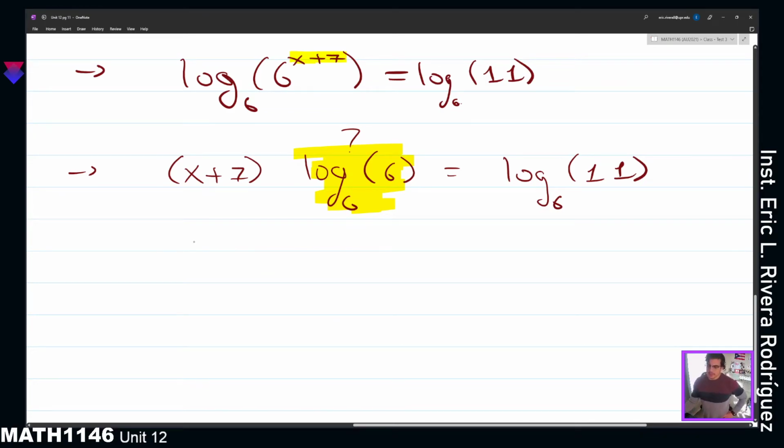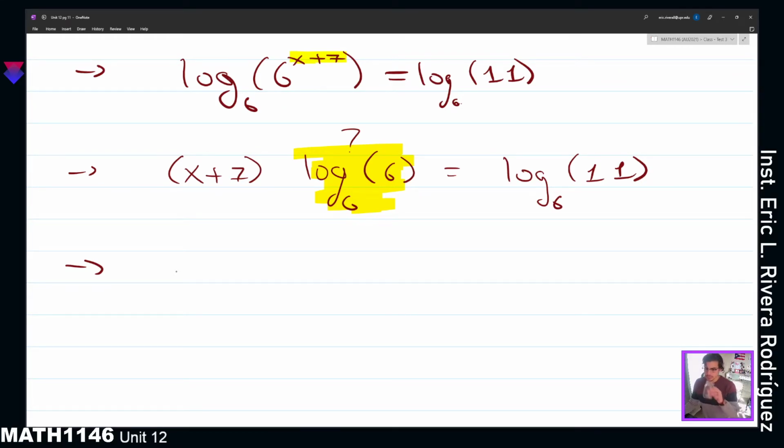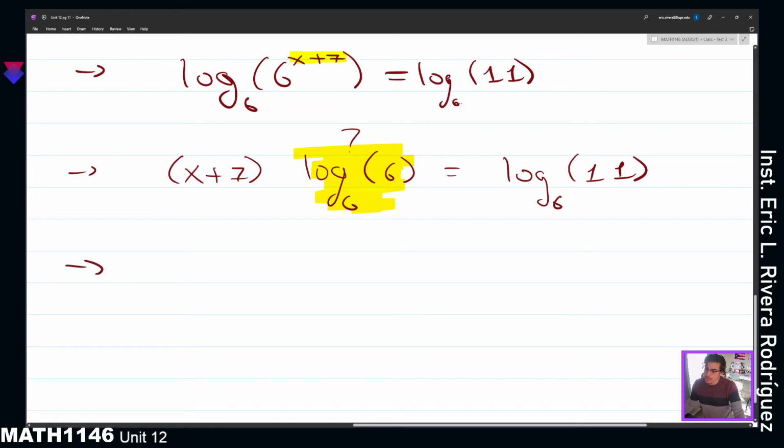When the logarithmic function has a base that is equal to the argument, that value is 1, so we cancel this out.